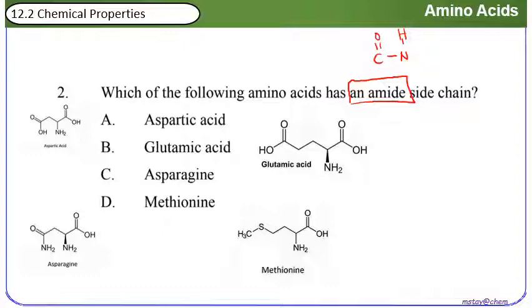So this is the structure for the aspartic acid, glutamic acid, asparagine, and also methionine. So from here we can see that for the option C, asparagine, we can see the C double bond O N. So the correct answer will be C.